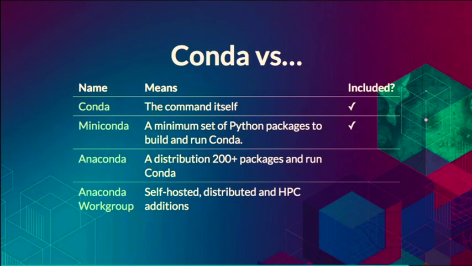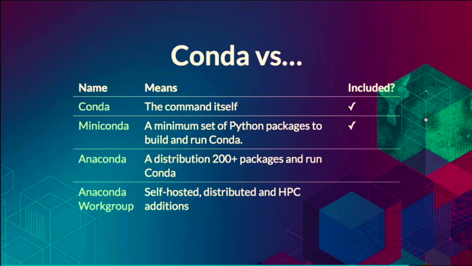So just a terms disambiguation thing here. If you have someone ask you, well, what is what? Conda's the command, Miniconda's that distribution that we lay down. It's the minimum set of things you need to drive a Conda executable. And then Anaconda is this fully hydrated set of 200 plus packages that includes lots of things for doing data science, doing all kinds of stuff. And then there's a few products.